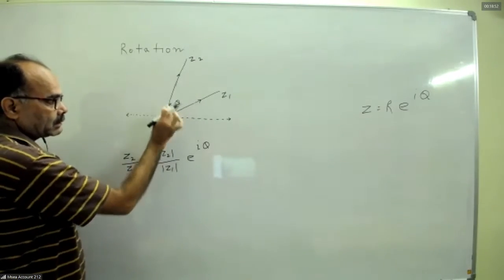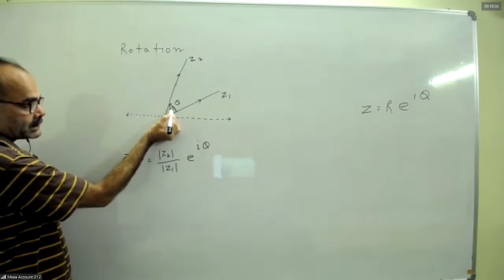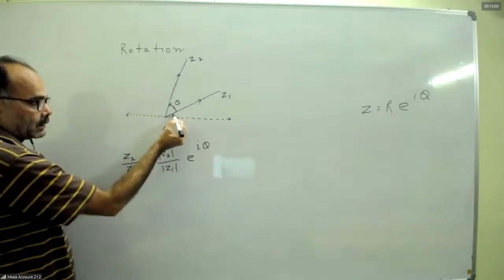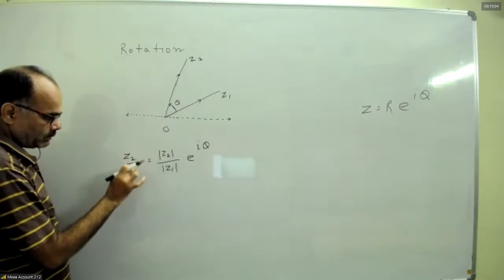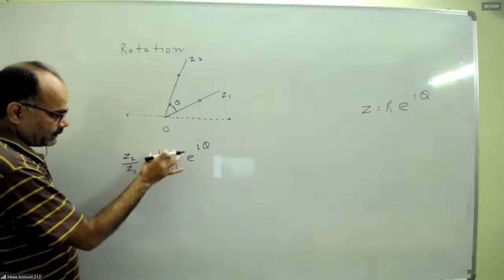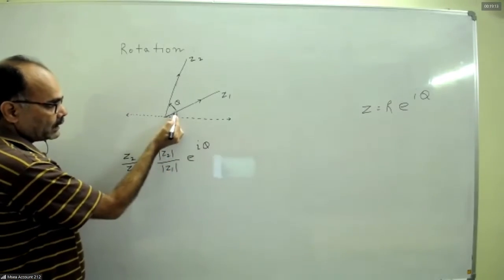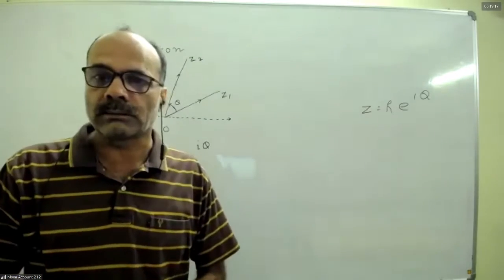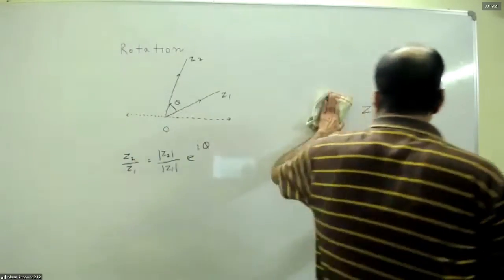This is the final vector, this is the initial vector. So final vector by initial vector, Z2 minus 0 by Z1 minus 0, equal to final vector magnitude by initial vector magnitude into e to the power I times the angle through which we have rotated the vector. Okay.